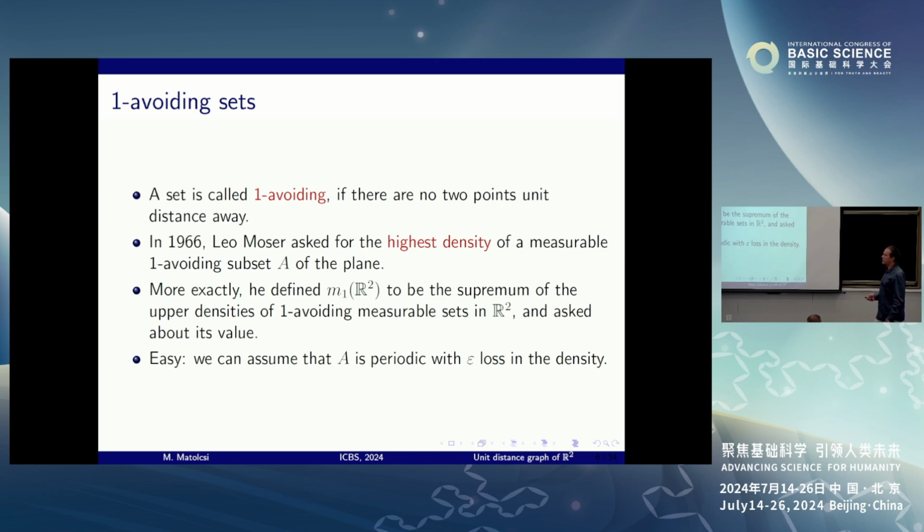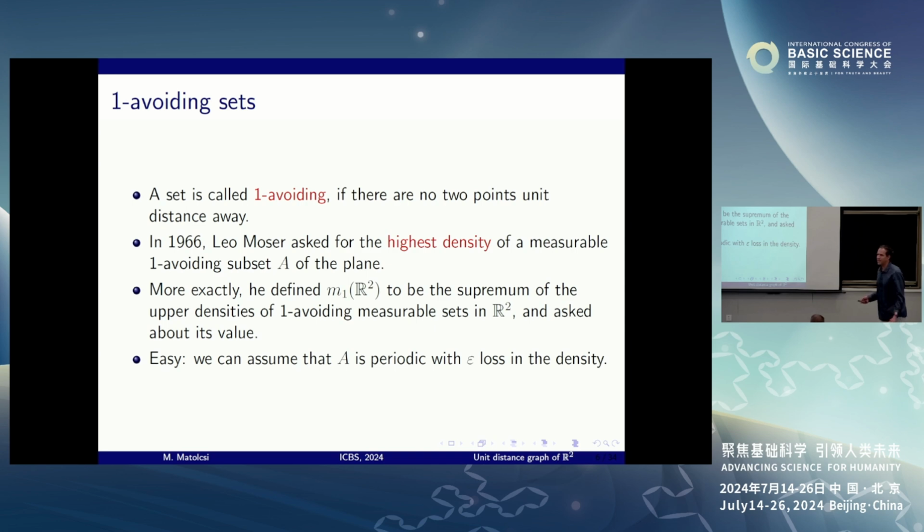Well, but if you know some analysis, you might object that, okay, you have an infinite measurable set, it might not have a density. So what is the question really? If you want to make it precise, you have to define the upper density of a set, and you take the supremum of possible upper densities of one-avoiding measurable sets.